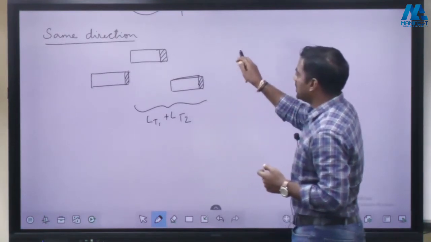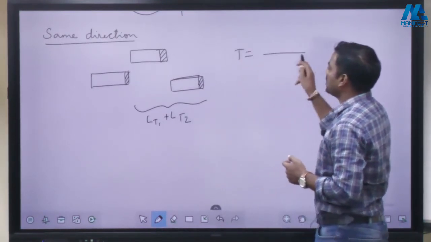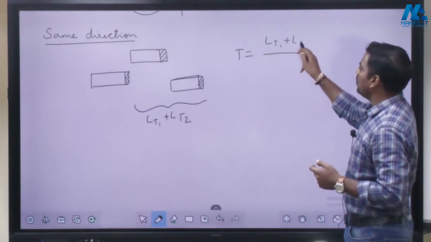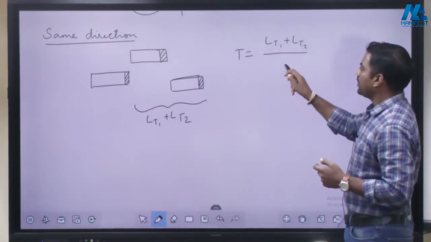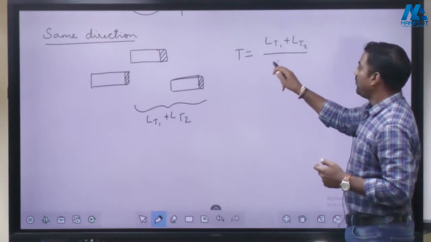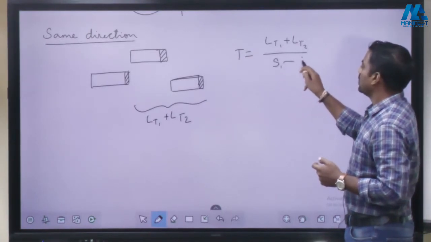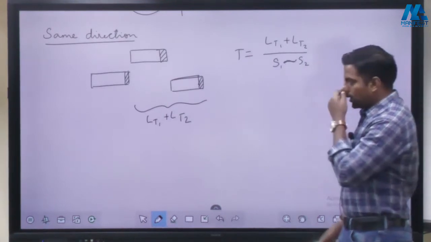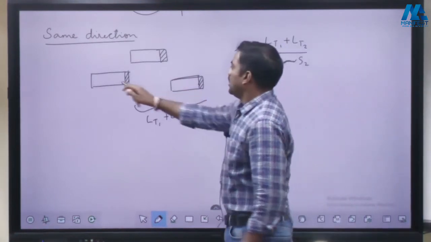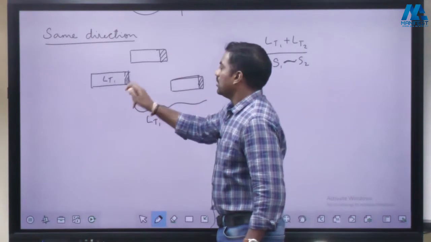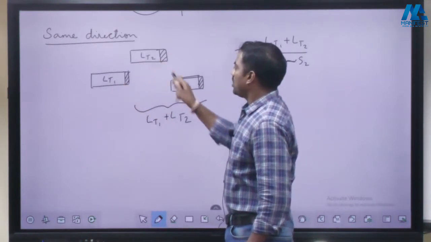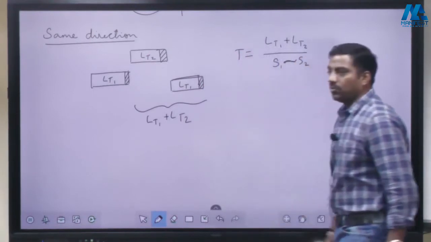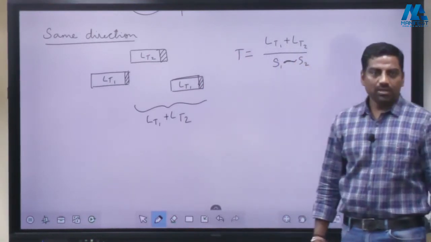Same calculation: time taken to cross is length of train 1 plus length of train 2 divided by the difference of the speeds. We don't know which speed is what. Let's say this is train 1 and this is train 2. Train 1 is overtaking, so definitely speed 1 will be more.